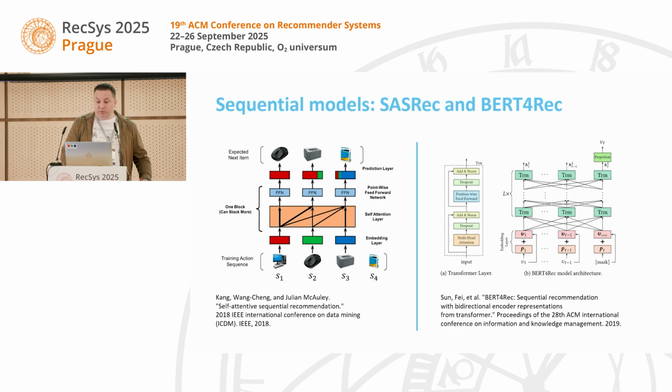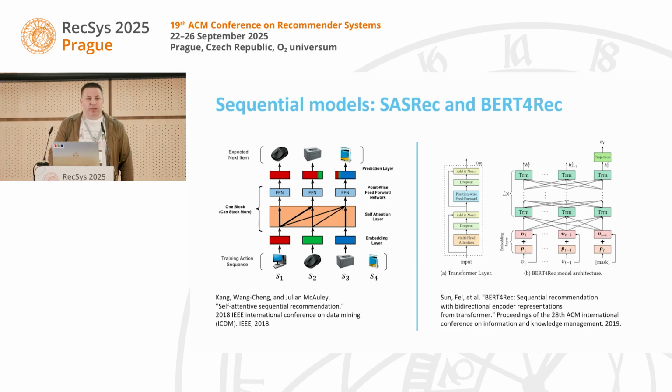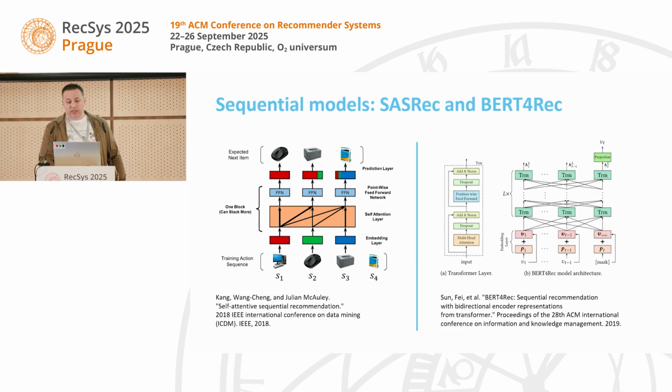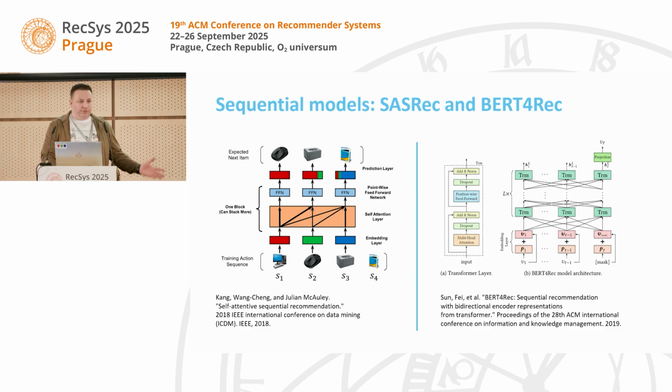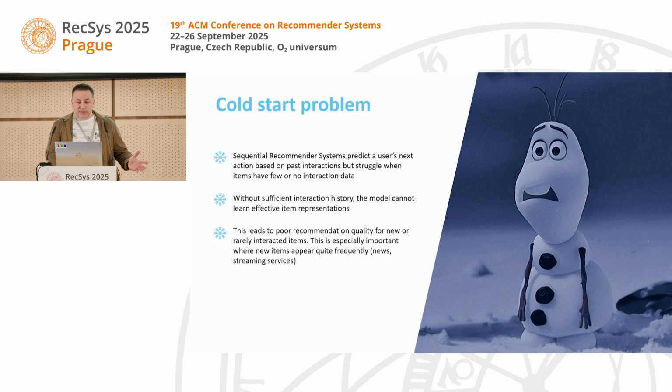Let's start with the problem. In sequential recommendation, everyone knows about state-of-the-art algorithms such as SASRec or BERT4Rec, and they are designed to predict the user's next item based on their sequence of previous interactions. These methods work well for popular items with lots of ratings or clicks.